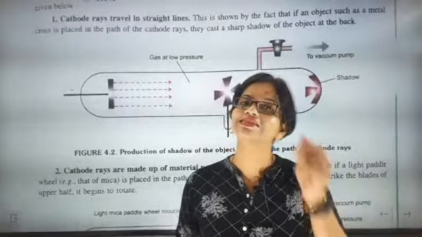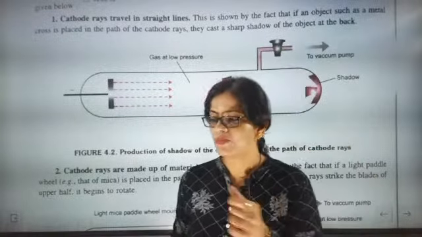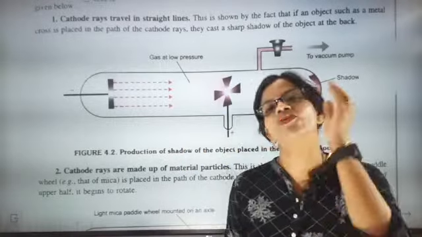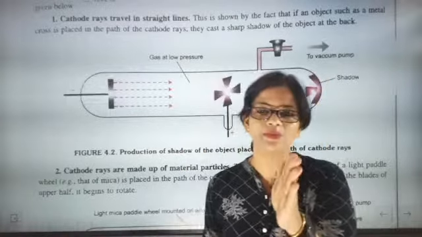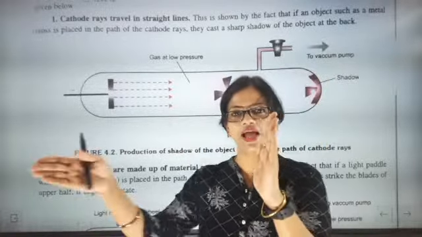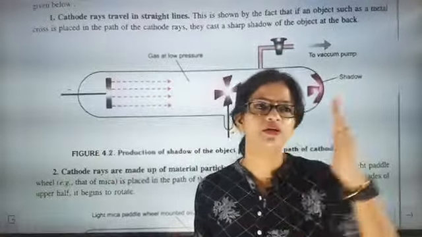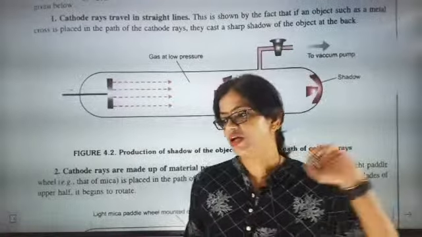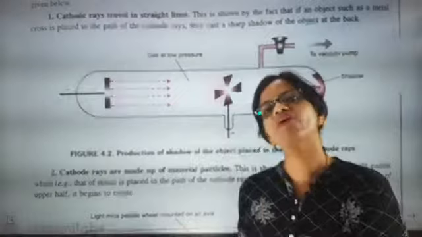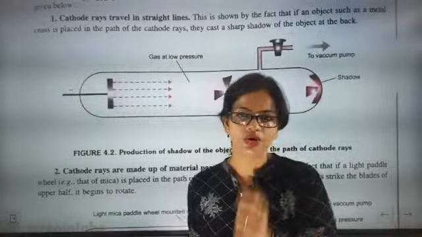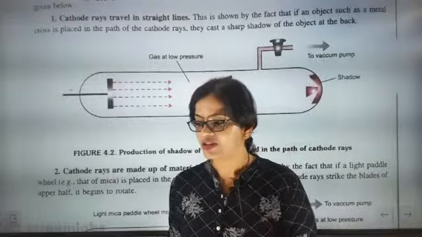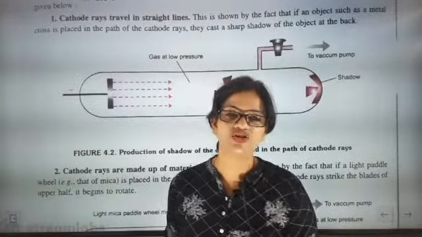Why? Because they cast a shadow. If an object or a metal plate is kept where the cathode ray is traveling, it will cast the shadow of that metal plate in the opposite direction. So this is an important finding, a proof that cathode rays travel in a straight line.